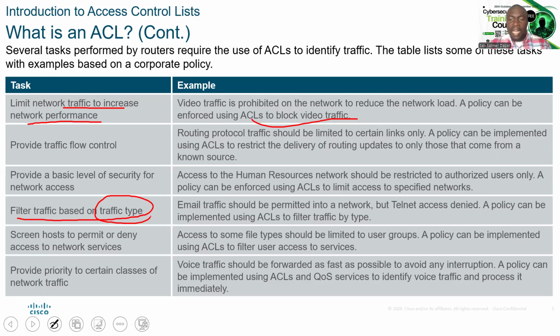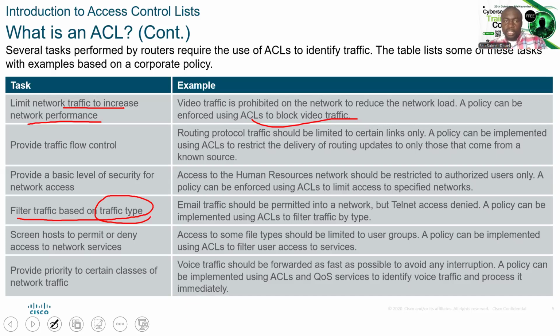When we say traffic type, we're talking about the protocol that is used on that traffic. The protocol. What is a protocol? The rules. For instance, you can say web, the web that you use for browsing. What protocol do you use? HTTP. So you can create a filter based on HTTP or HTTPS.